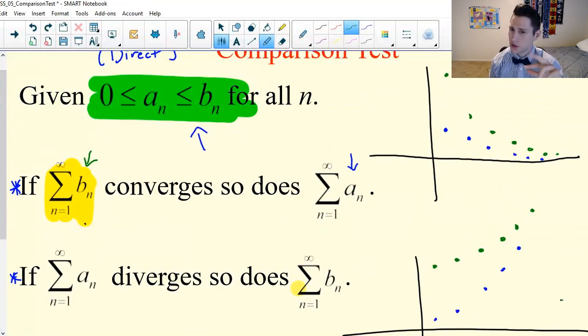There's kind of like two theorems here, or two rules. So An is between 0 and Bn. So if that outer one is converging, if Bn is converging, then yes, An will also converge. If that inner one is diverging and Bn is larger than it, then it must also be diverging. Kind of seems like the squeeze theorem for series.